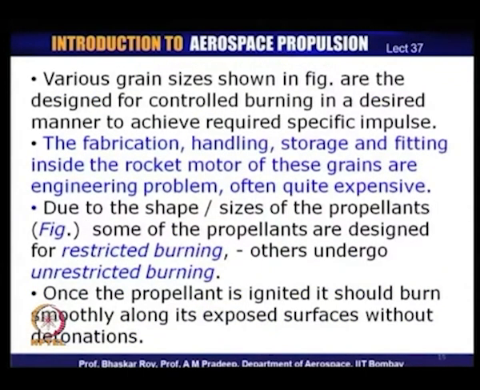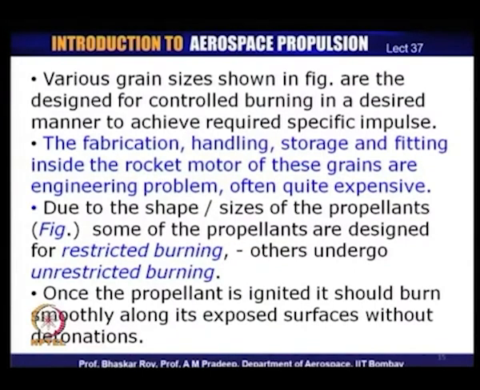We shall look at some of the rocket propellant shapes and sizes. These propellants are technically often known as grain. So, the various grain shapes we shall see in the next slide, and these are designed for controlling the burning in a desired manner to achieve certain specific impulse values, starting at sea level liftoff and at various altitudes, where you need a specific impulse of a certain amount for the trajectory to be carried out in a desired manner.